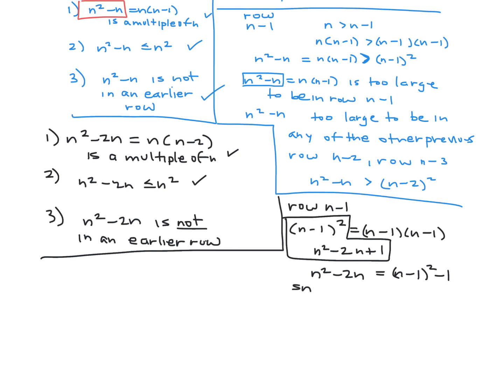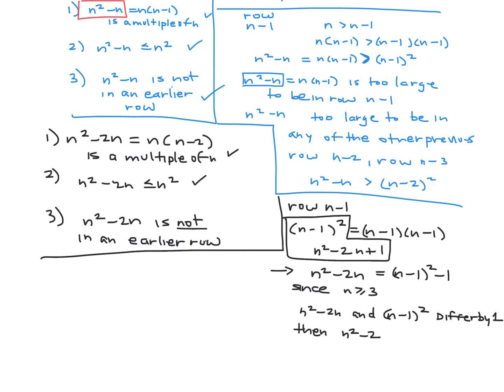So since n is greater than or equal to 3, it looks like n squared minus 2n and n minus 1 squared differ by 1, right, according to this.